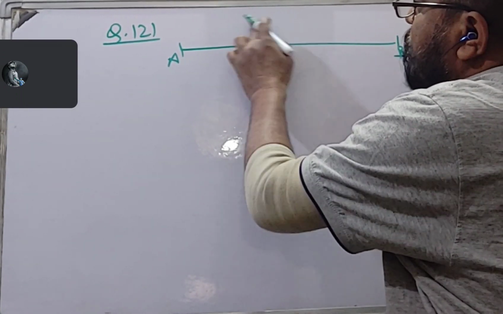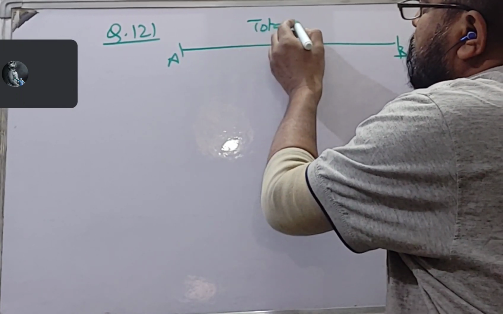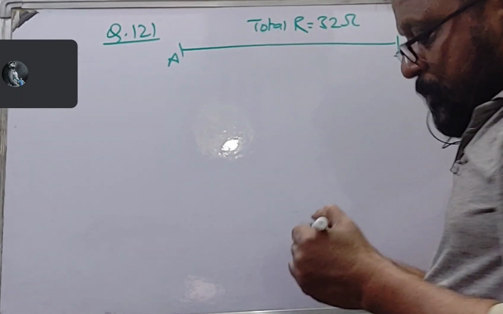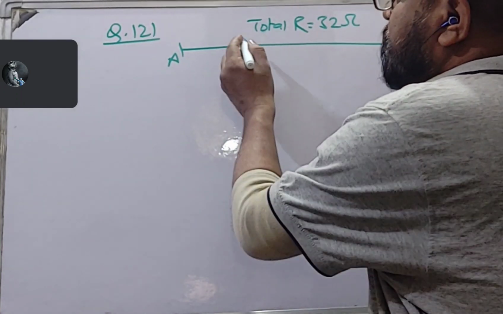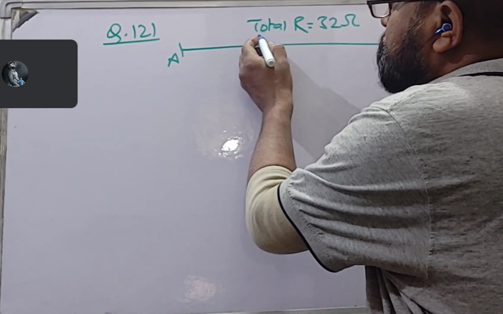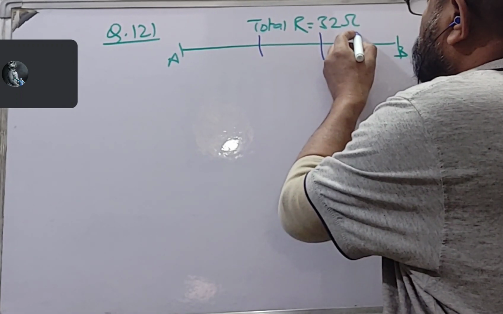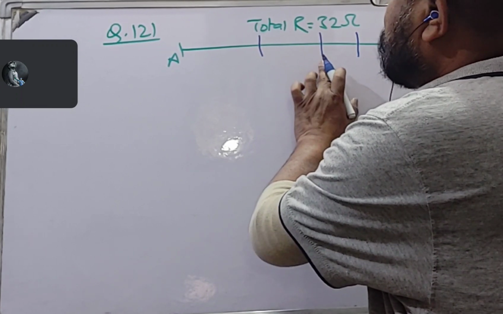Total resistance is equal to 32 ohm. And it is divided in 4 equal parts. So this is 1, this is 2, this is 3. No, it doesn't seem to be equal.